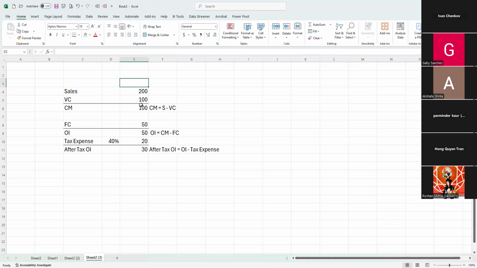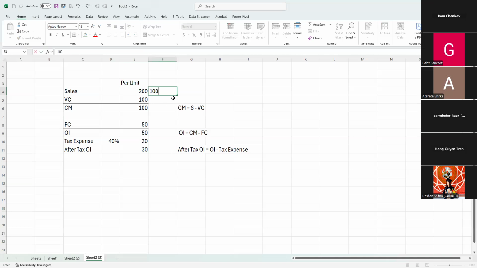This is per unit. If I'm selling per unit, that will be my structure. And I also can say this is my 100%, right? Contribution margin is how much? 50%. Variable cost?